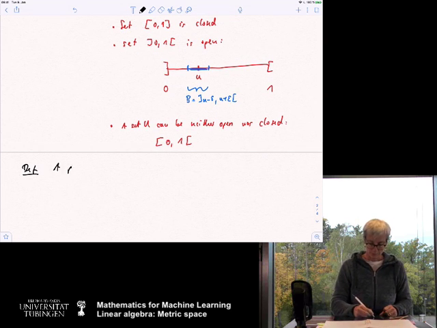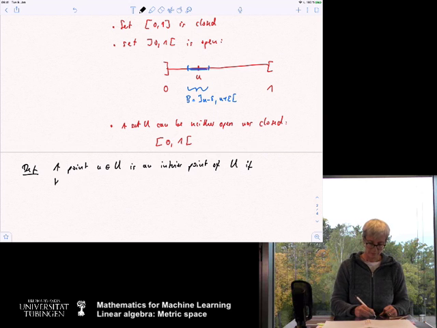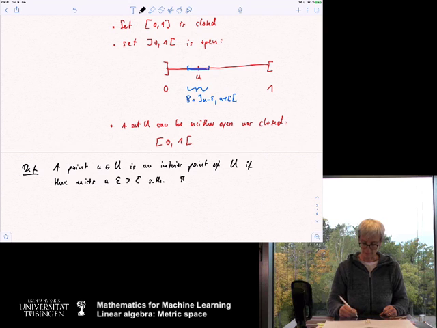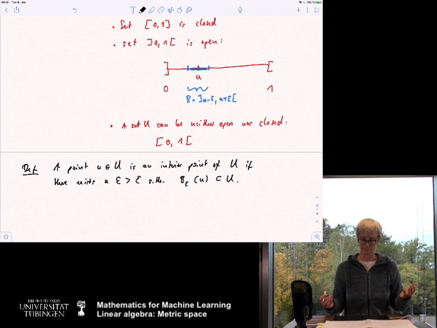A point in U is an interior point of U if there exists some epsilon larger than 0 such that the ball of radius epsilon around the point is in the set U. So an open set consists only of interior points. Every point in an open set is interior by the definition of what an open set is.